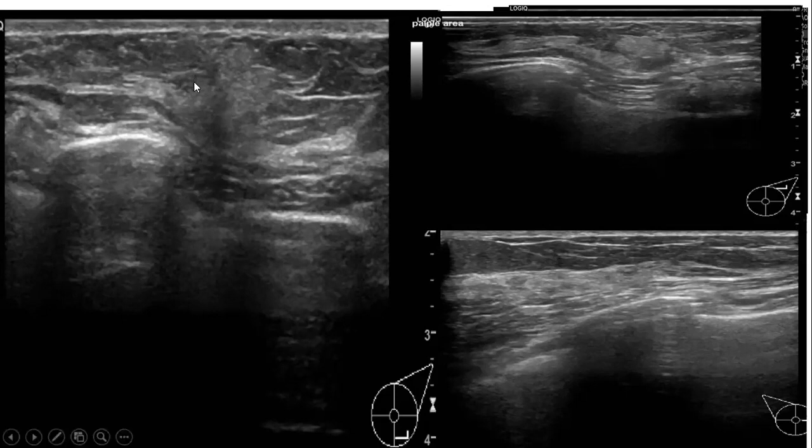But retrospectively, if we look at hyperechoic lesions, to say a benign lesion or a parenchymal island, it has to be homogeneously hyperechoic. We should not see heterogeneity or hypoechogenicity within it, or any shadowing. If it is like that, it will not be just a benign lesion.